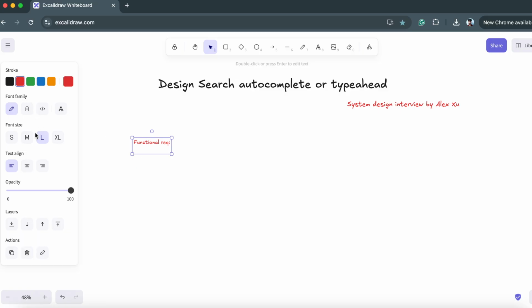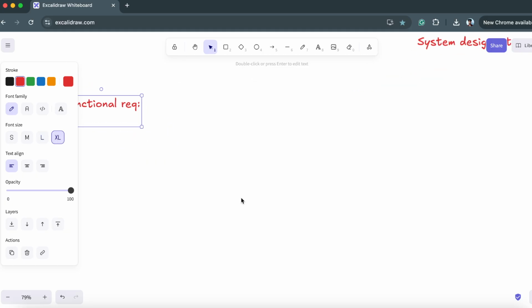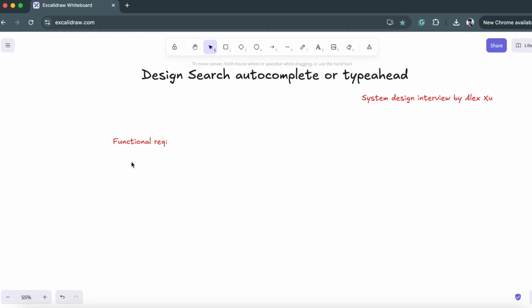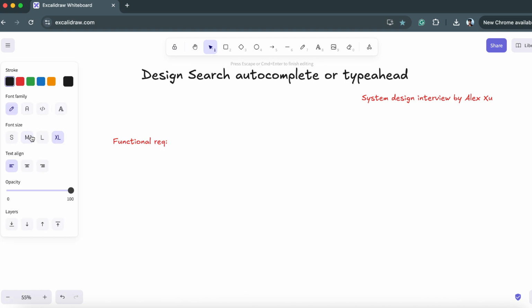That is something we have to focus on. First, we can ask about the search suggestions that we are providing: how many suggestions do we really want to provide? Let us suppose the interviewer says that 10 suggestions we are providing. So 10 is the answer that we got.